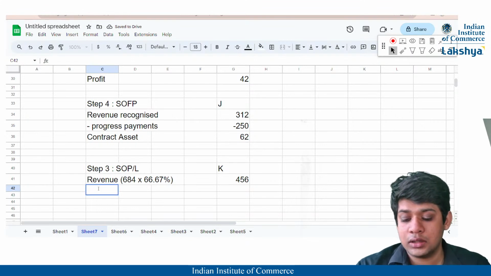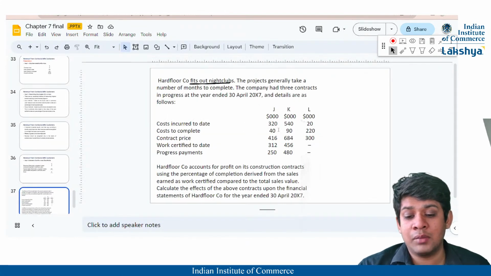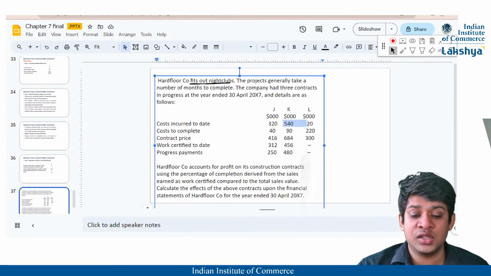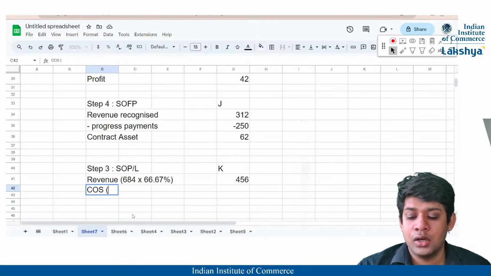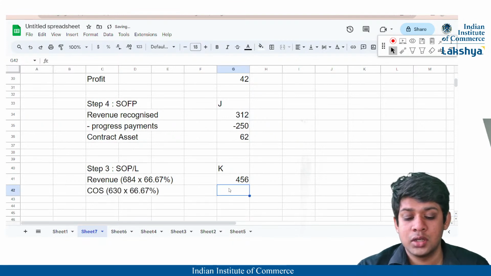Now from this, cost incurred to date, cost of sales, will be deducted. So cost of sales are nothing but costs which are incurred to date, which is 540, plus the cost which would be required to complete the project, that is 90, right? So 540 plus 90, which is nothing but 630 into the 66.67 project completion percentage, right?